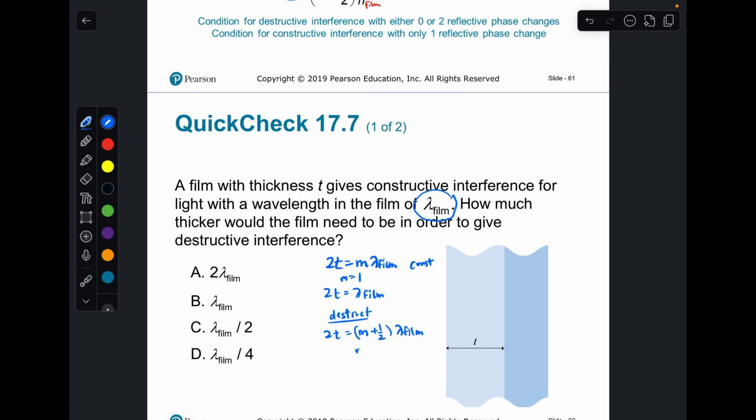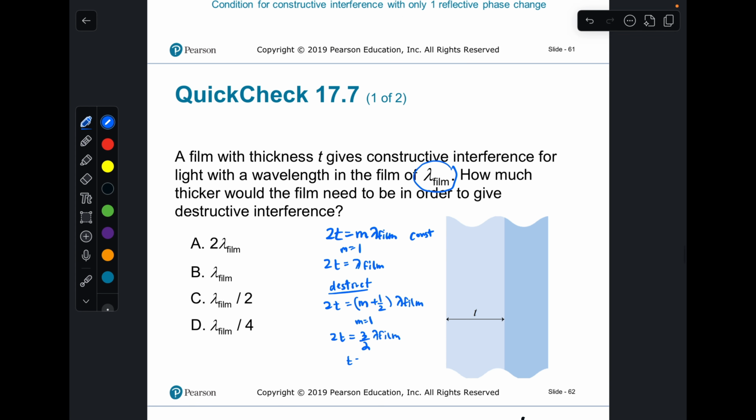And if we're using our M equals 1, that means 2T must equal 1 plus 1/2, 3/2 lambda film. Let's solve for T. Which is 3/4 lambda film.